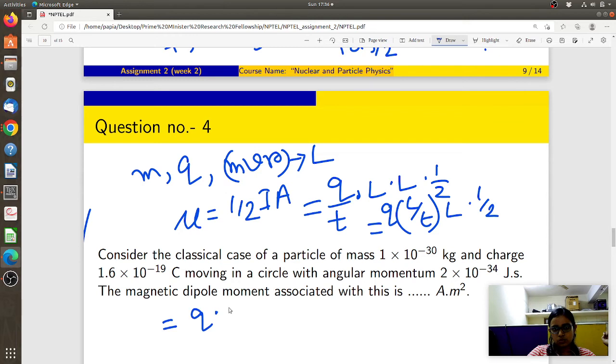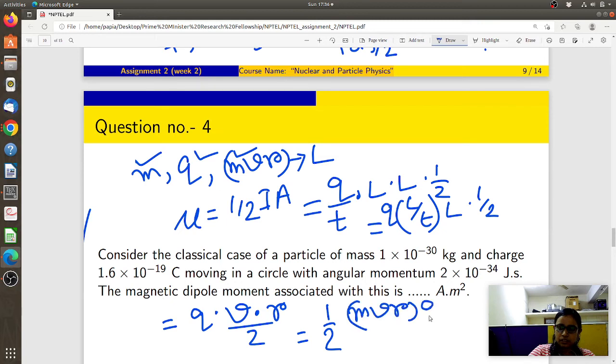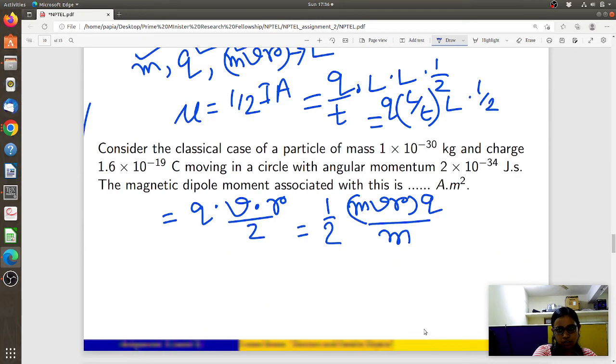Q L by T is V, and L we can write as R, so it is half Q V R. But we are given M and mvr and Q, so we can write half mvr times Q divided by M. That means half L by M times Q. Simple.